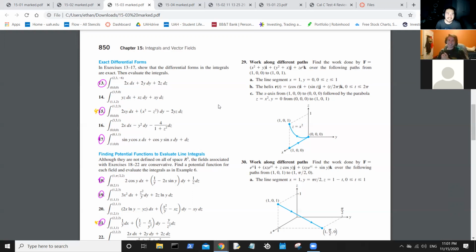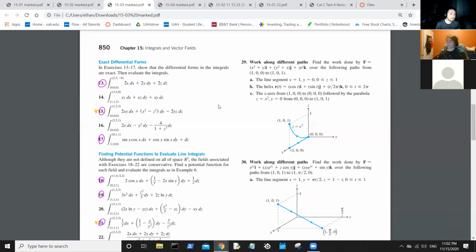If that's the case, then we've confirmed that. So then we just evaluate the integral. What do we do about these points? Does that mean we evaluate each of these, like the 2x dx portion by its specific limits? What you have to do is get your function of x, y, z. So basically, you just take the integral of each of these. So like 13, you get x squared plus y squared plus z squared, and you just plug in.